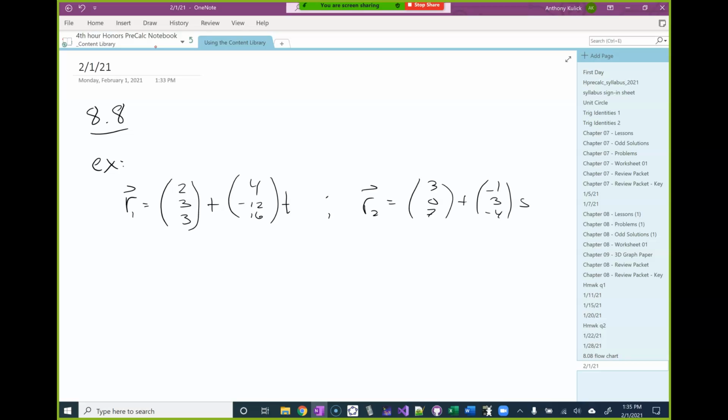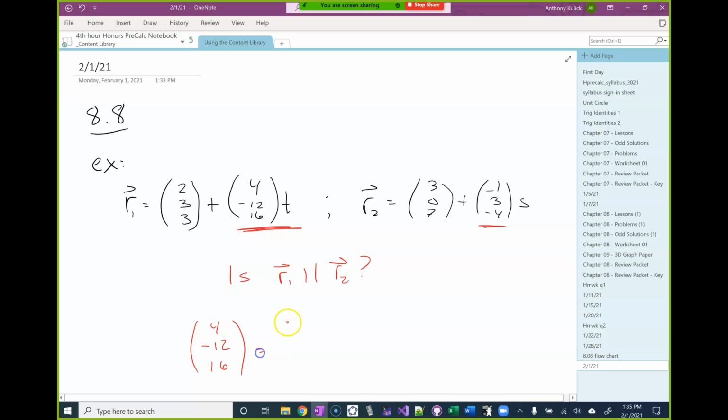And if we want to figure out how they're interacting, the first thing we'll ask is, is R1 parallel to R2? So to check that, I'm going to take the slope component from one of them and set it equal to that direction vector.